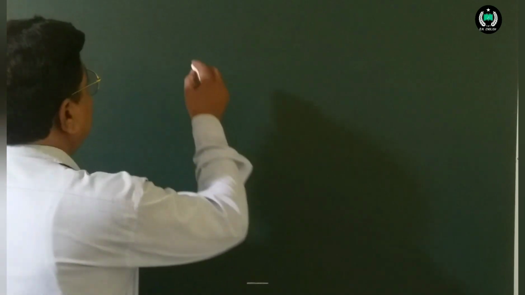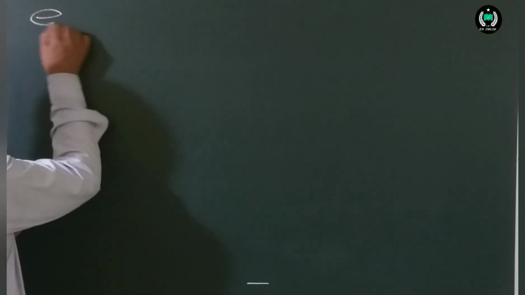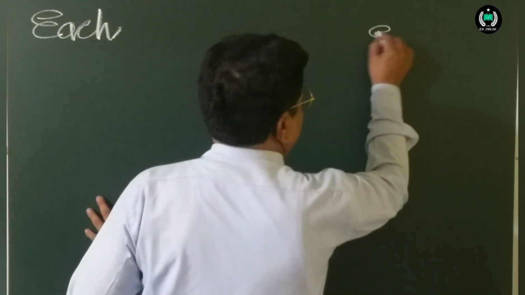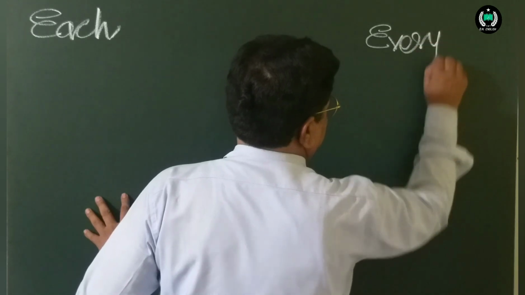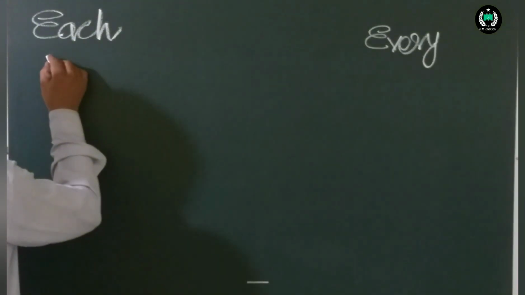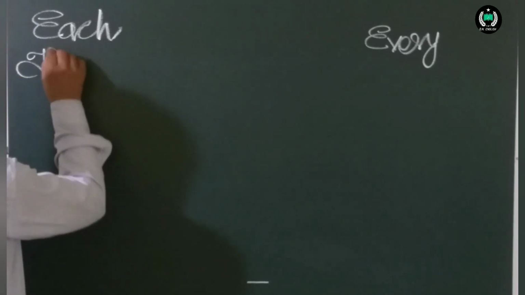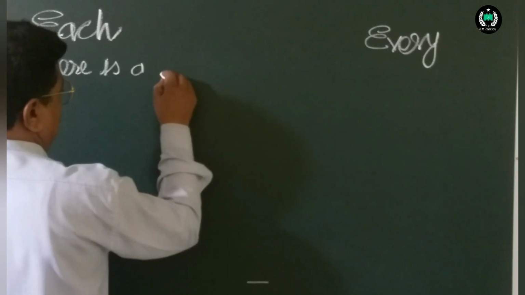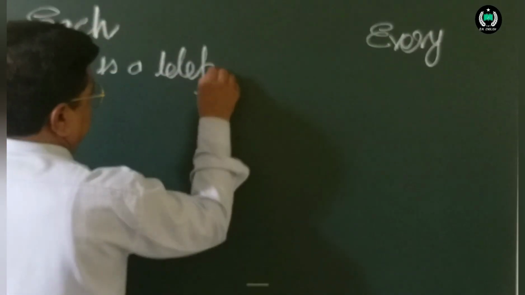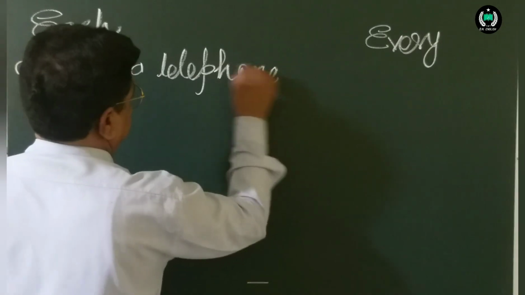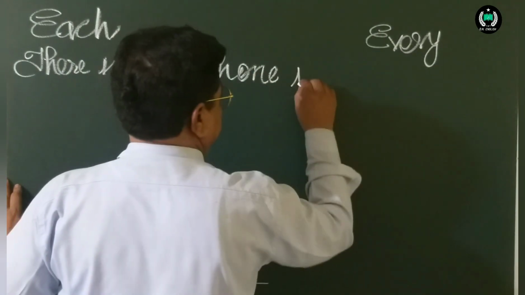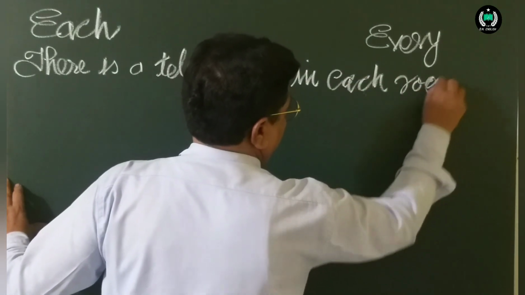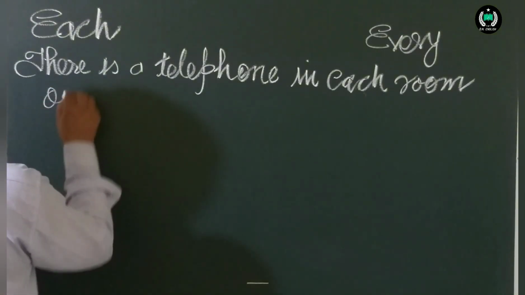So, each, and here I am writing every. Now here is a sentence: There is a telephone in each room of this hotel.